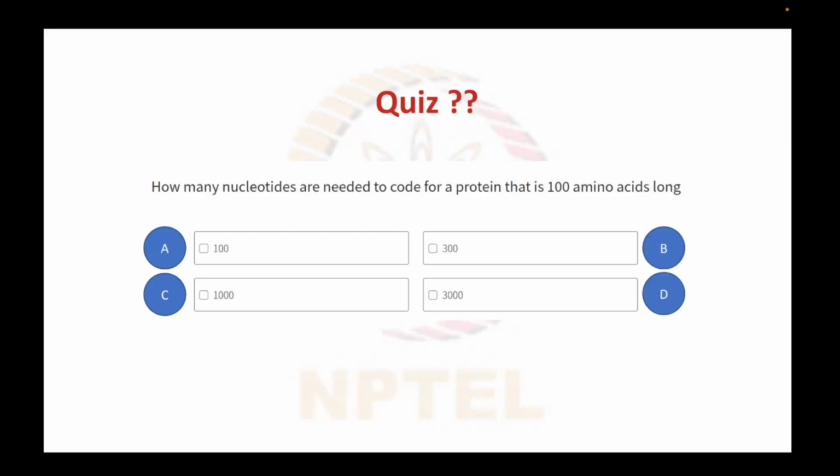Yes. So we know triplet nucleotides form a codon. So 300 nucleotides will code for 100 amino acids.